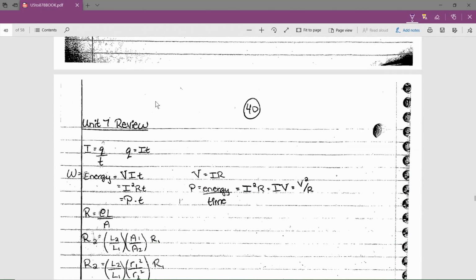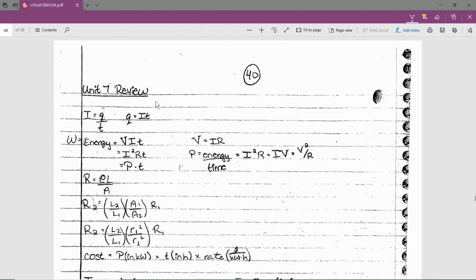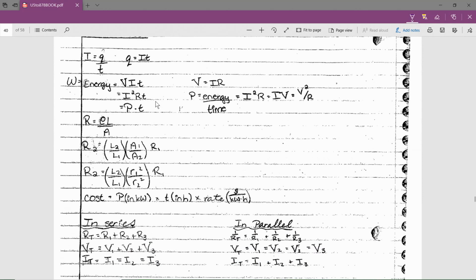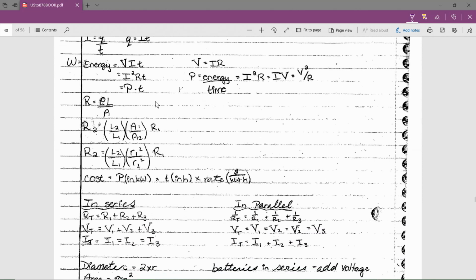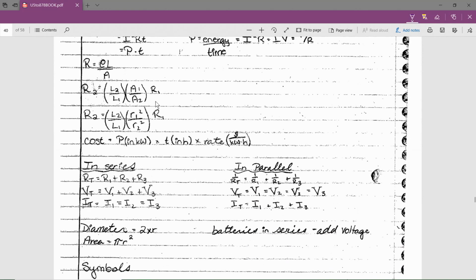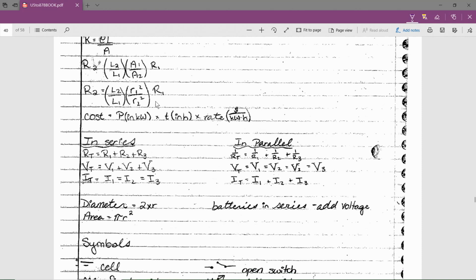So here's a review on page 40. Some of the equations that we have: I equals Q over T, Q equals I times T. I got the work, VIT, I squared RT, power times time, V equals IR. Then I got the power equations, energy over time, I squared R, I times V, or V squared over R. Then I got the resistivity equations, R equals rho L over A, or the same material in different shapes, which is R2 equals R1 times L2 over L1 times A1 over A2, or then that shorthand way where I get rid of the pi, so R1 squared over R2 squared.